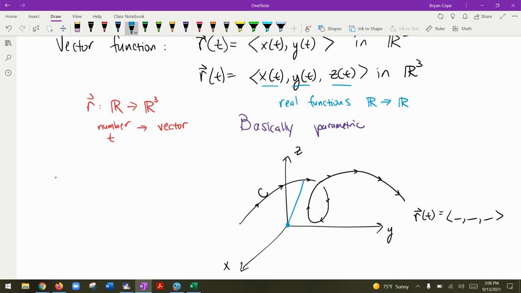Like suppose this right here is the vector R of 1. Now remember, the time is kind of arbitrary. Like, where does it start? Where does it stop? I don't know. Maybe that's R0. Doesn't matter. Maybe that's R1. As you go further along, that'd be just R of something bigger than 1, right? Like maybe this point right there is R2.